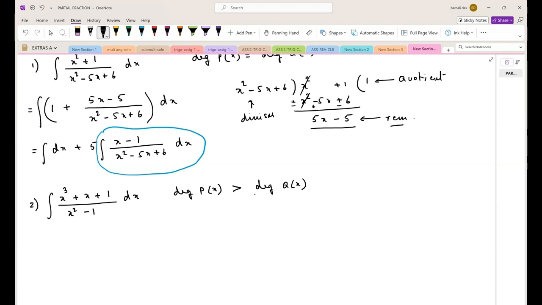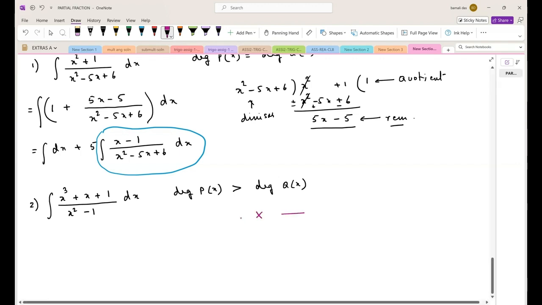But after this, I would like to do some special sums from your NCERT exercise. So this discussion ends here. Then we'll go to some special sums.